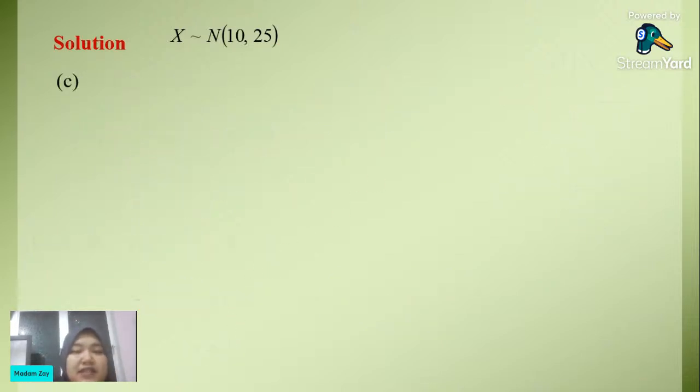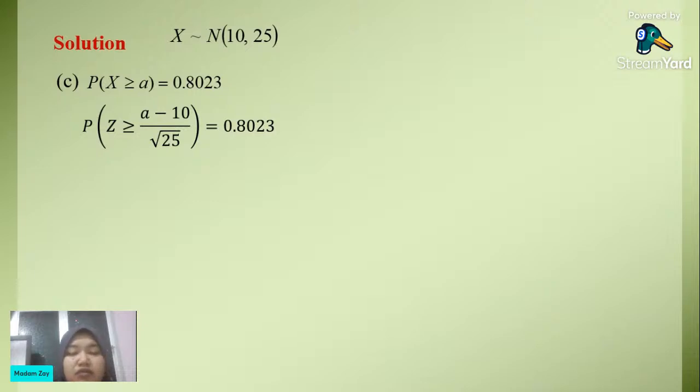Now for question C, probability of X more than or equal to A is equal to 0.8023. So what do you think about the value of A? After standardizing, it will be (A minus 10) over square root of 25. Is it on the left side of 0 or on the right side of 0? Let's say we assume it's on the right side of 0.